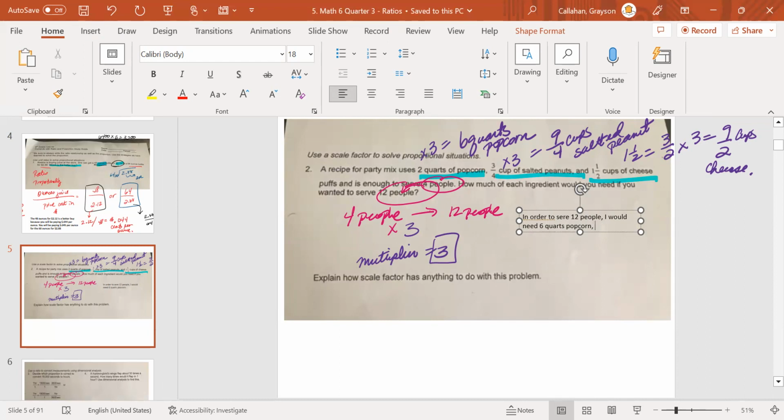Remember, 3/4 times 3 is 9/4 cups of salted peanuts. And then you have 1 and 1/2. So 1 and 1/2 is 3/2, right? Because you change from a mixed number to an improper fraction. 3/2 times 3 is 9/2 cups of cheese. And that is your answer.